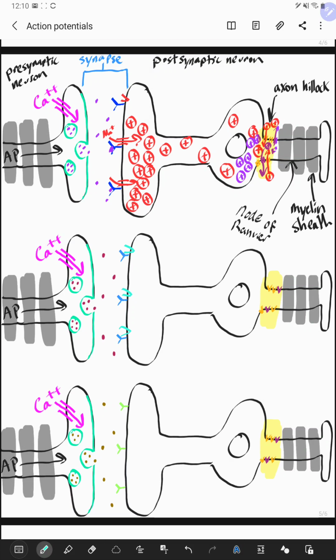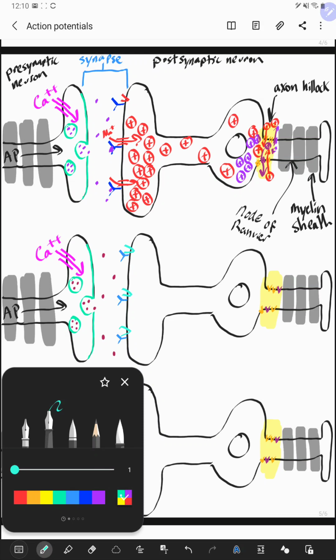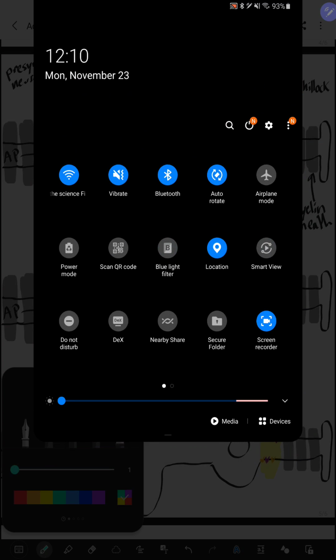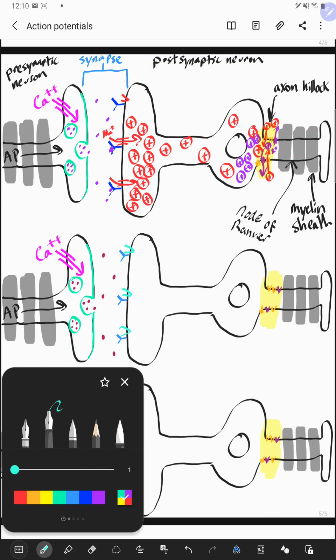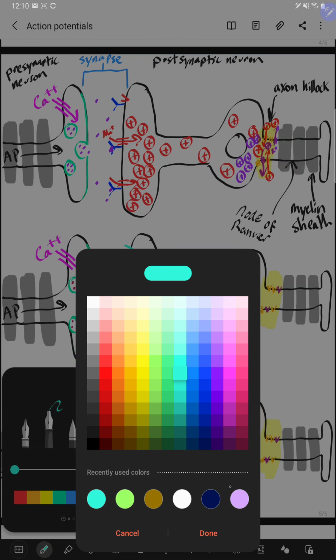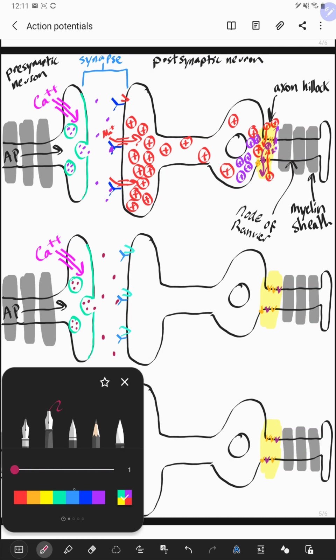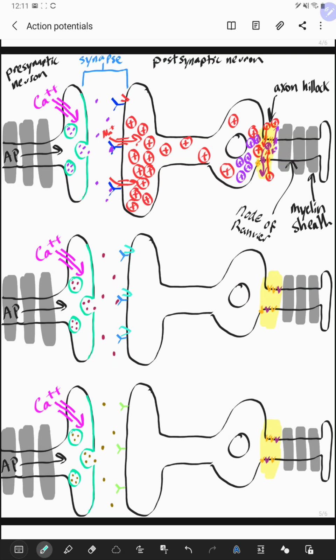The neurotransmitter is going to bind to the receptor, and when it binds to a receptor, it's going to trigger these ligand-gated ion channels to open.